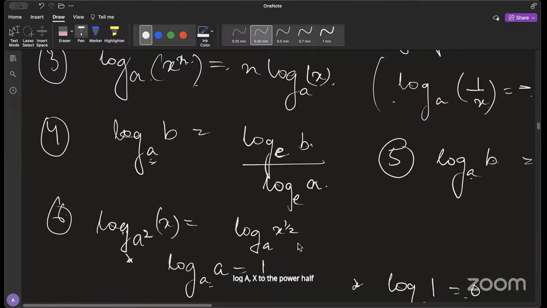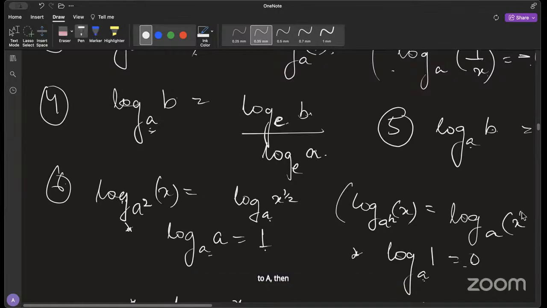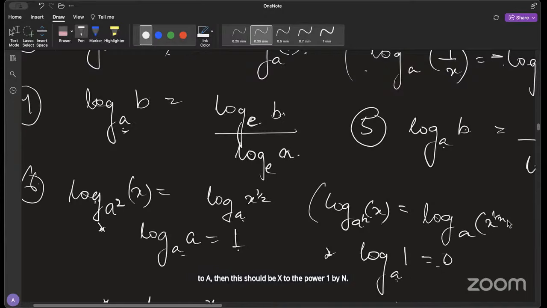These two things are the same. So if you want to change the base from a squared to a, then you should take power half here. Similarly, if you have log base a to the power n of x, and you want to change the base to a, then this should be x to the power 1 by n here.